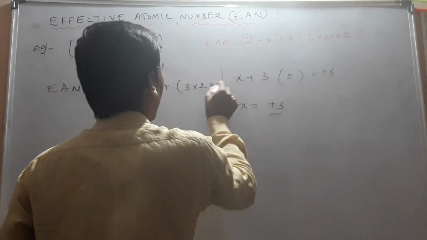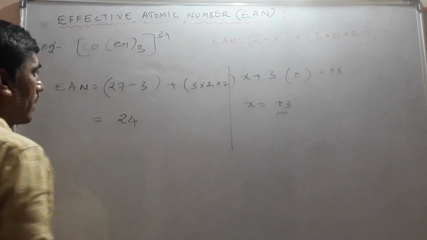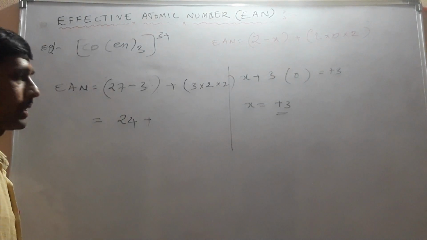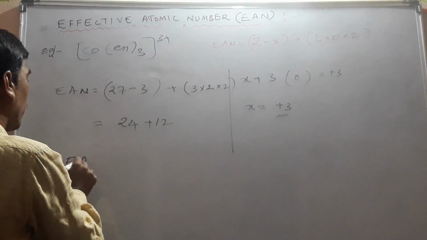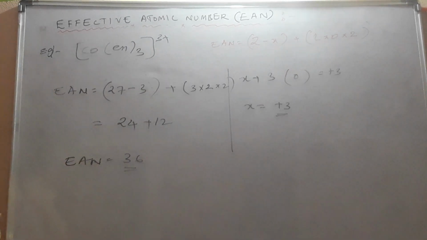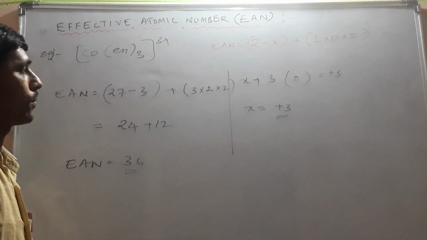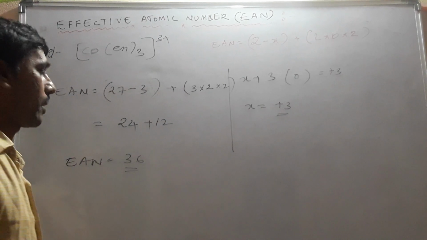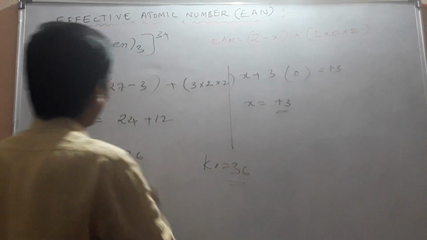Next, AN is equal to 27 minus 3, 24 plus 3 into 2, 6, 6 into 2, 12. The AN value of this complex is 36. That's why this complex is also nearer to the inert gas element krypton's atomic number. That's why this complex is also a stable one.